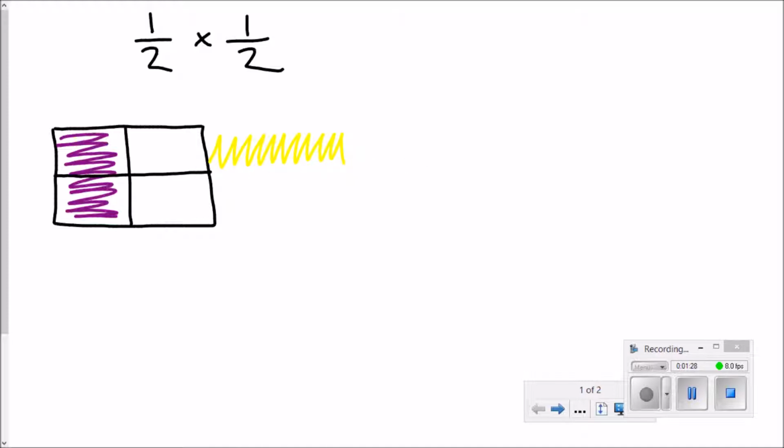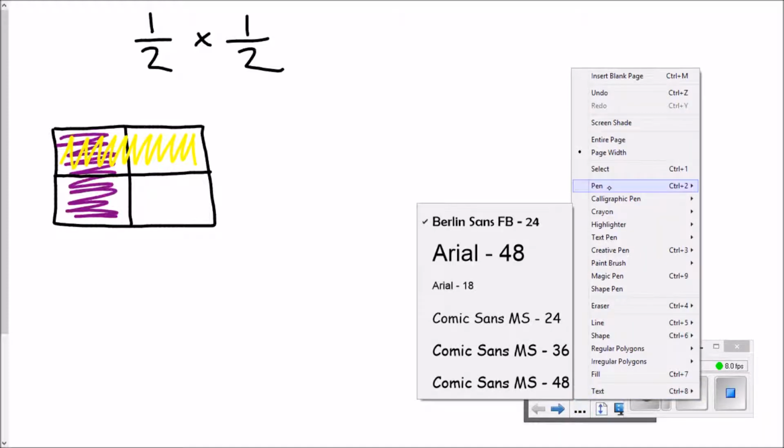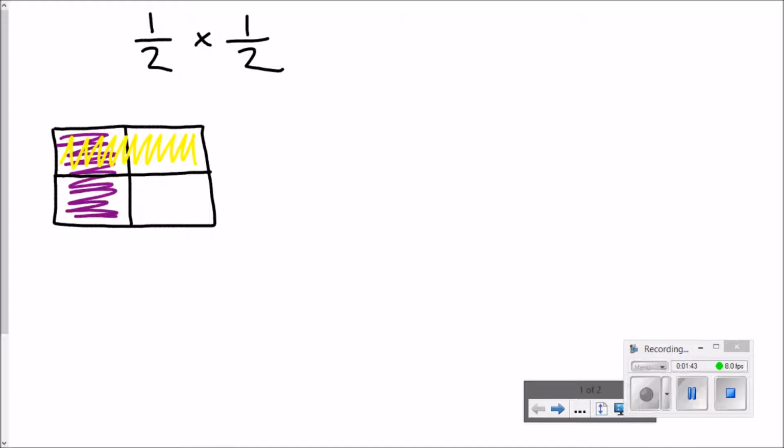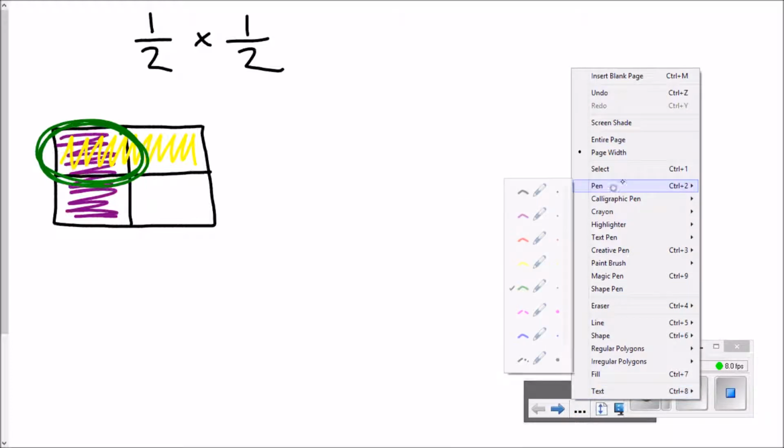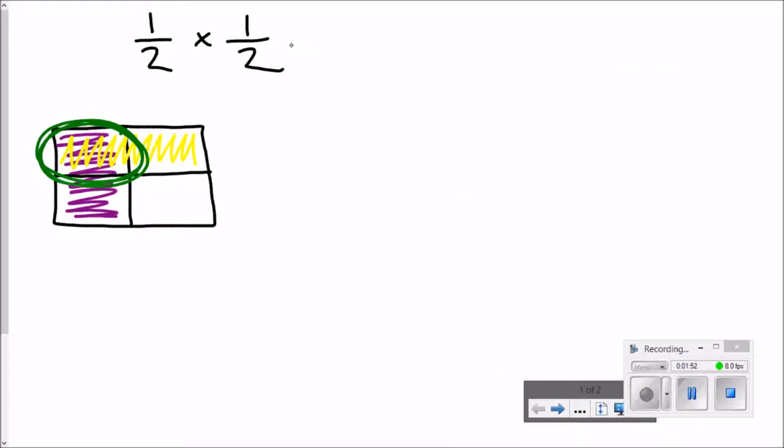Then I cut the model in half horizontally, and then I shaded in one of those halves in a different color, which is yellow. So the answer to this problem is actually going to be represented by the portion that is double shaded.